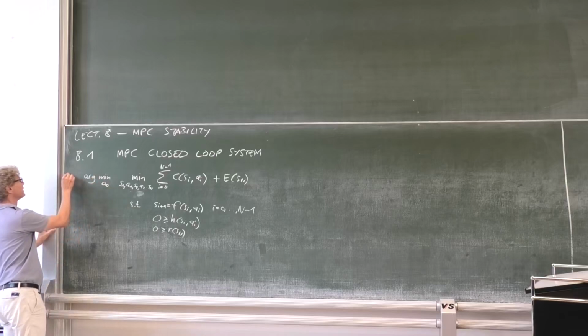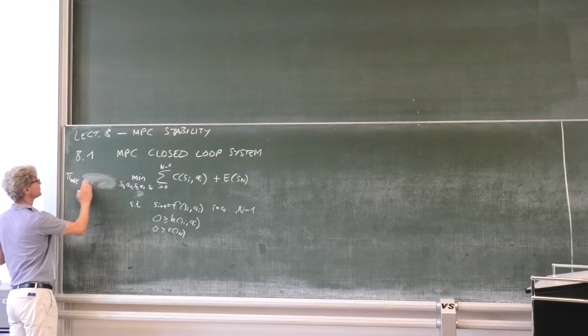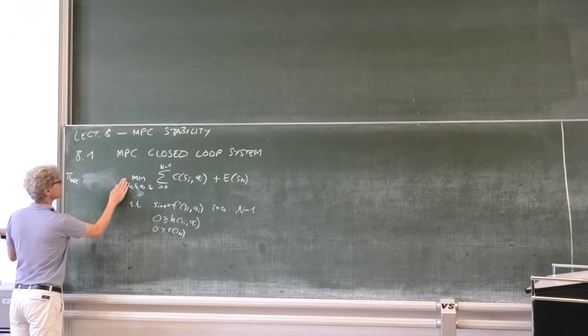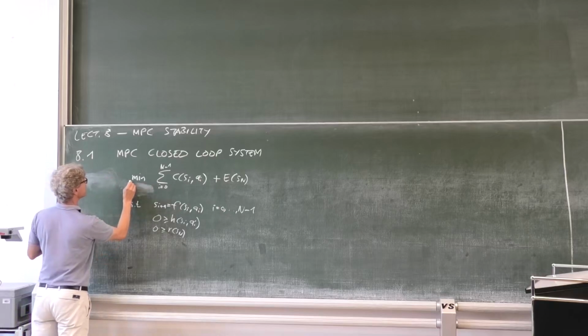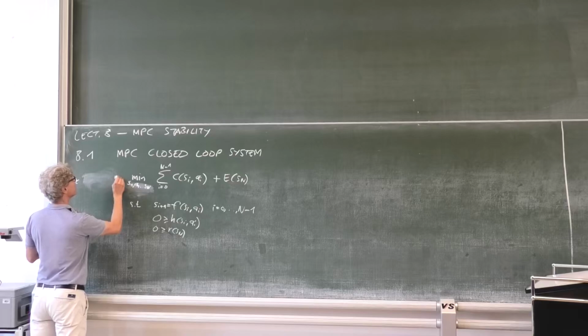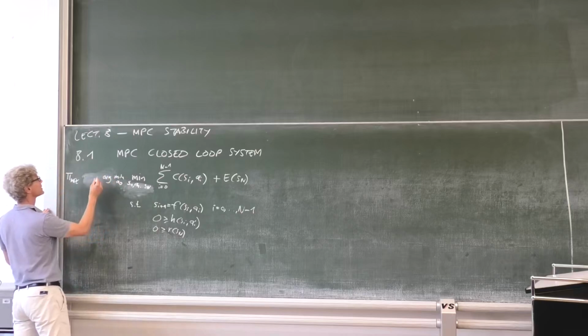And now the feedback law that I get with MPC. Good, so I have here S1, A1, up to Sn. Here we have the min over the A0, and then we have the arg, because that's the only argument we are interested in, and this is like my notational trick for that.